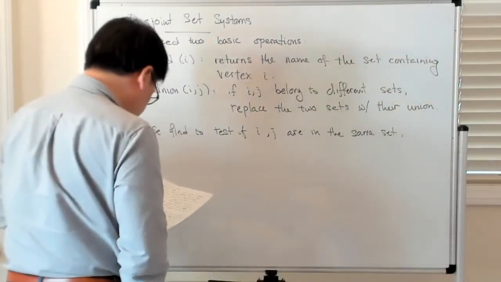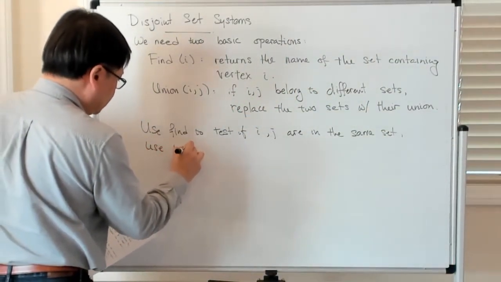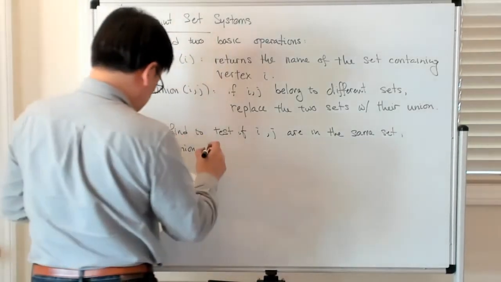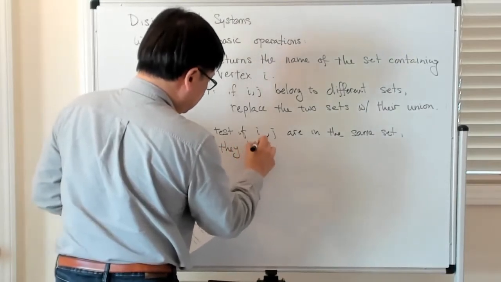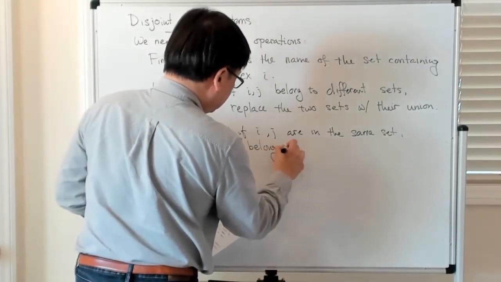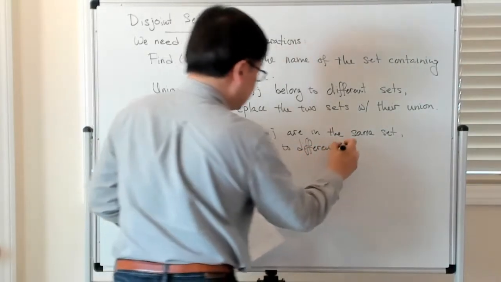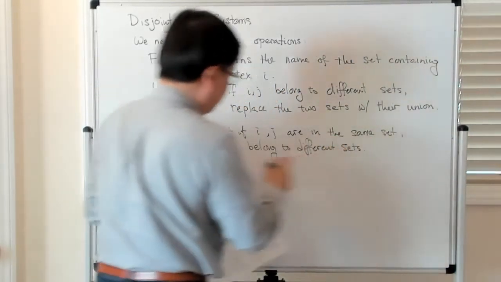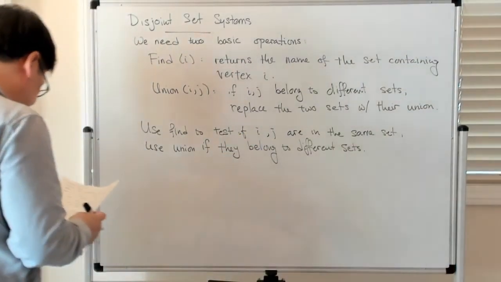And then you use union if they belong to different sets, obviously assuming you have an edge I comma j, right?